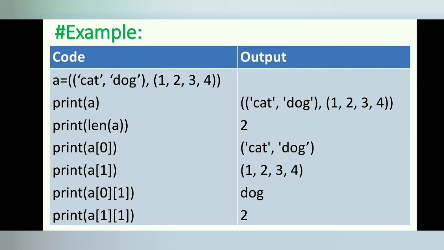Similarly, print a[1][1] will return the value 2. In this case, the computer will go to the element at position 1, which is a tuple of 4 items, 1, 2, 3, 4, and then from that it will access the element at position 1. So the output will be 2.